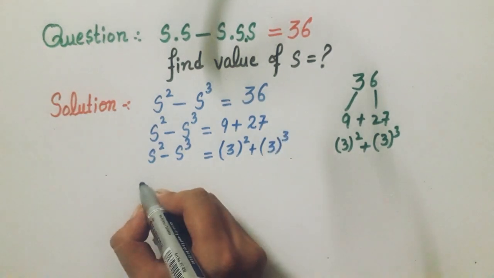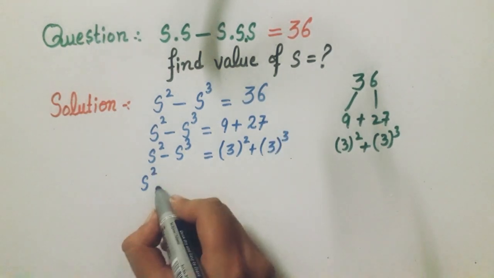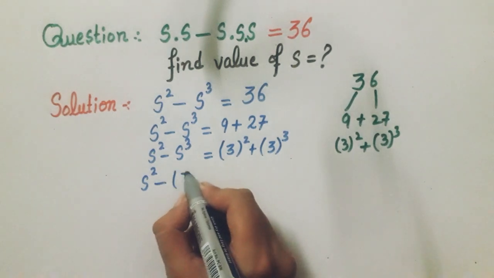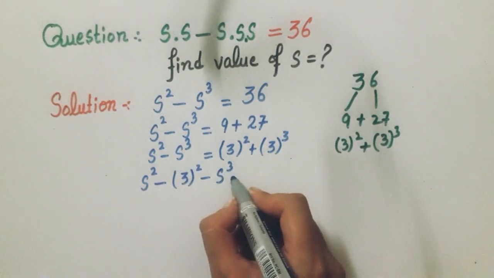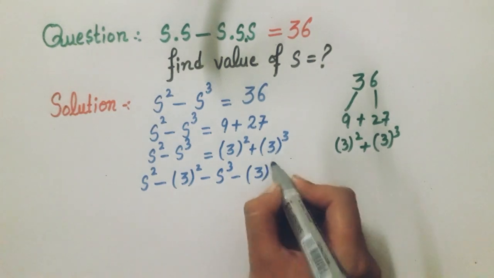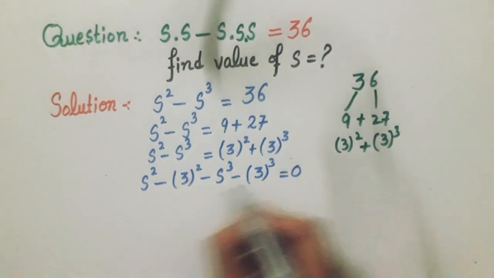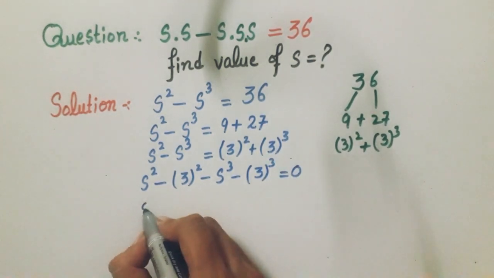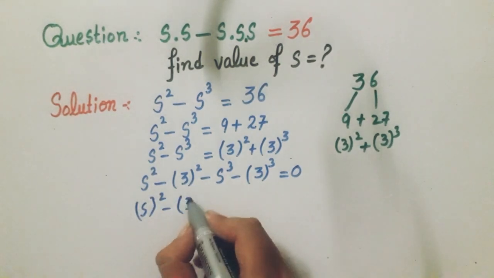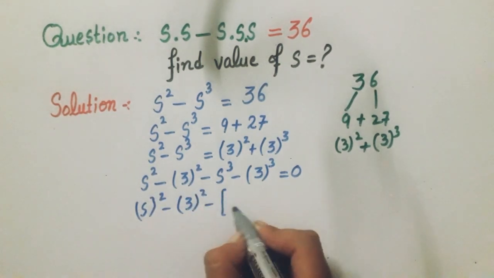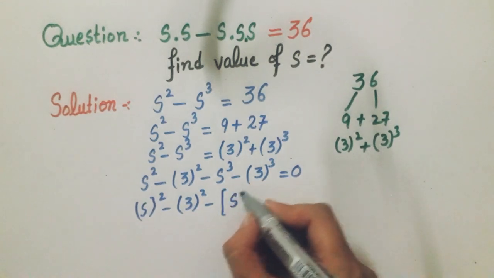Now I write this equation as s squared minus 3 squared minus (s cubed minus 3 cubed). Now here I will apply the formula of a minus b whole square and also take common.